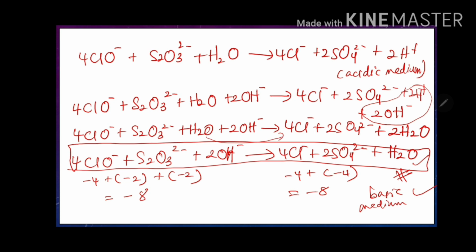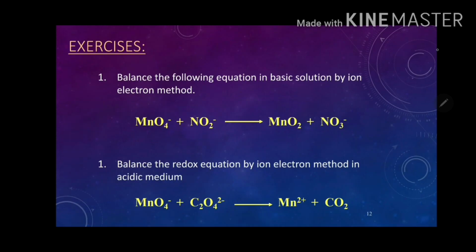So, well done, guys. Okay, class. That is how we balance chemical equations by using the Ion-Electron method. For enhancement, you can try to solve these two exercises, number 1 and number 2.